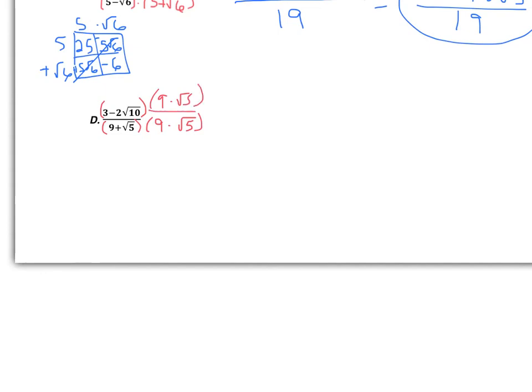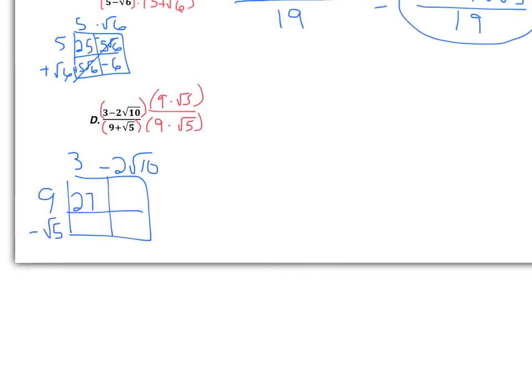And then on the top, we have 3 minus 2 root 10 times 9 minus root 5. So we get 27. 9 times 2 is negative 18 root 10. And then 3, so we have negative 3 root 5. And then negative times the negative is positive, 2 root 50.